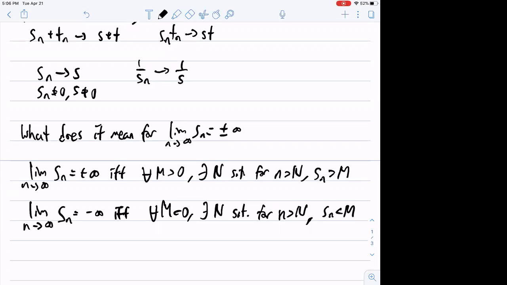Okay, any questions with the definition? The reason we use M is because we normally think of epsilon as small. Here we think of capital M as really big in absolute value. Negative 1 million is still really big in absolute value. I guess that's why they changed from epsilon to M.